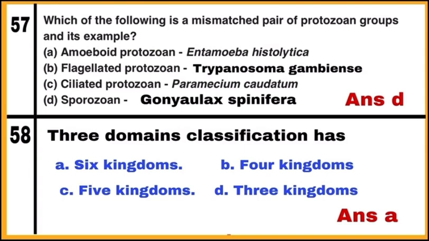Option A, it has 6 kingdoms, where kingdom Monera is divided into 2 domains and the rest 4 kingdoms, Protista, Fungi, Plantae and Animalia are included in the 3rd domain. So in total there are 6 kingdoms in 3 domain classification. So here mark A as a correct answer.